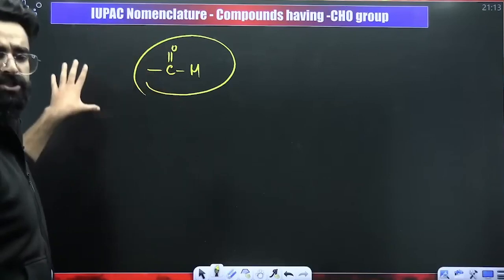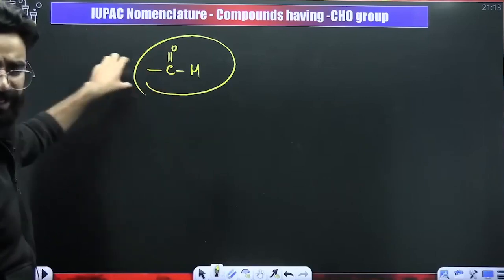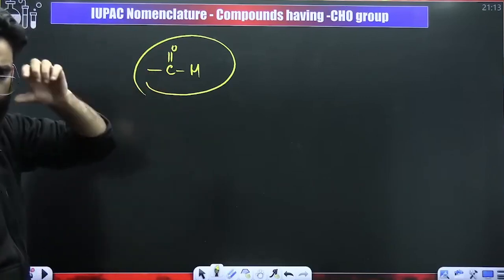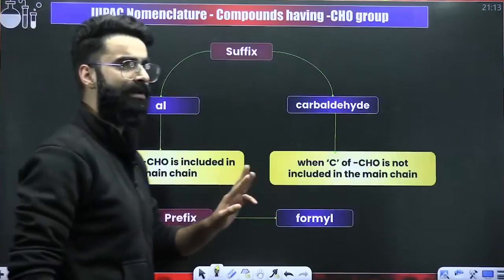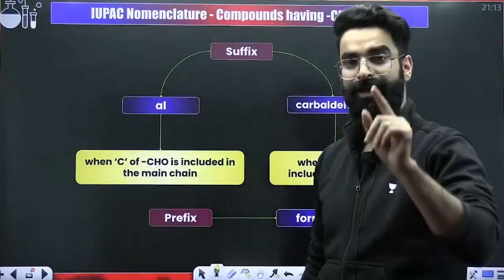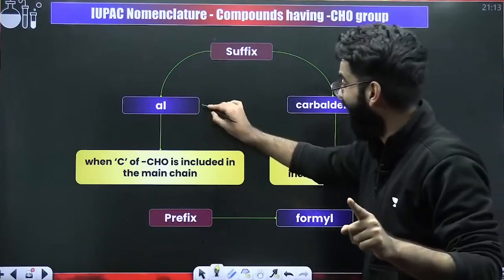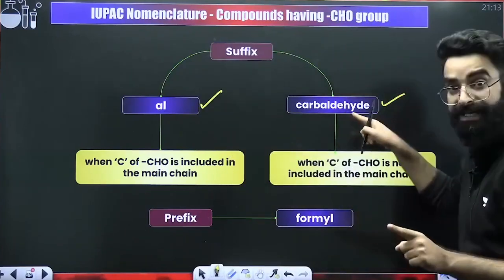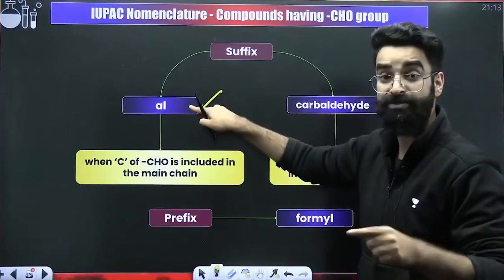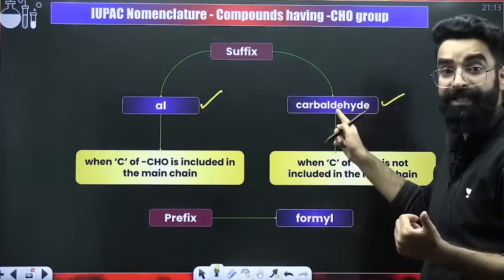It's going to be attached to a chain. Now guys, try to understand, there are 3 things you have to remember. As a suffix, either you'll be using al or you'll be using carbaldehyde.